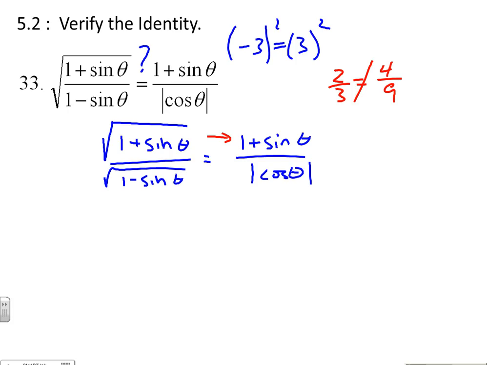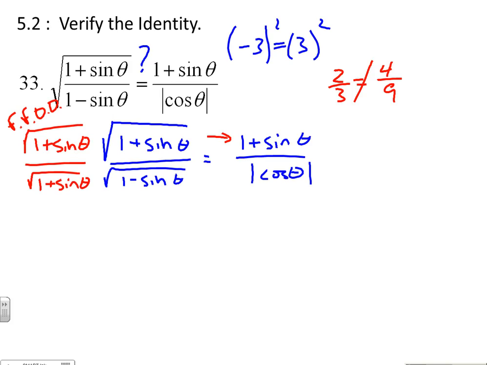But what I could do is multiply the top by 1 plus sine of theta if I multiplied the bottom by 1 plus sine of theta. Why can I do that? That is a fancy form of 1. I'm just multiplying by 1. What's the good news there?